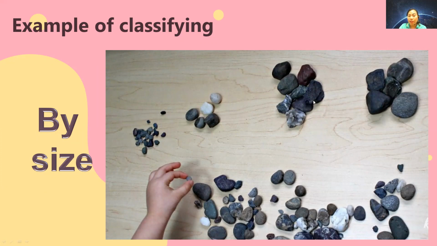Large, medium, small, or big. Biggest, bigger, big. And this one is small, okay? Or we can group them according to small, medium, and large, or very small or tiny. So this is how we classify things according to sizes.